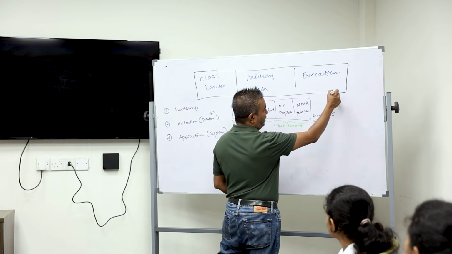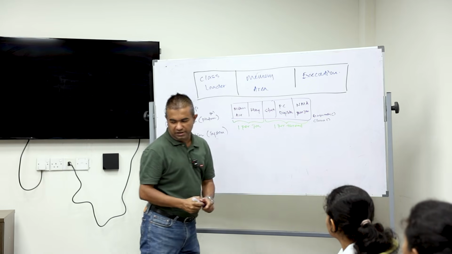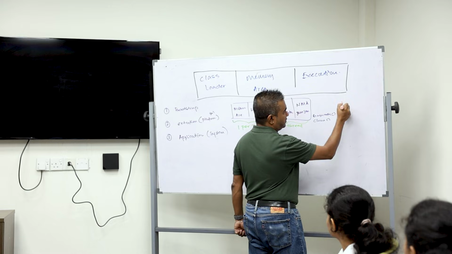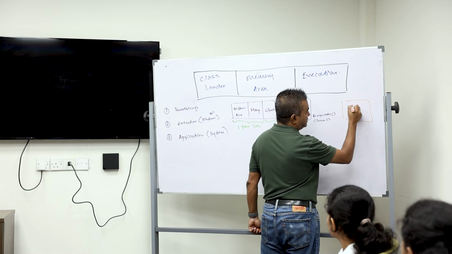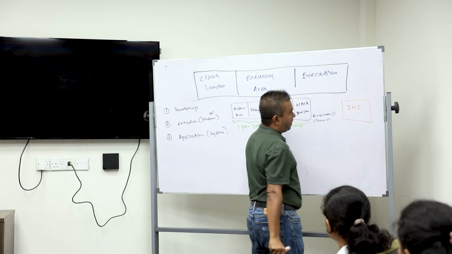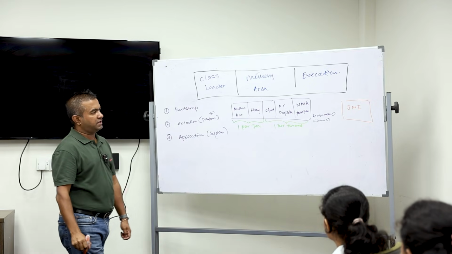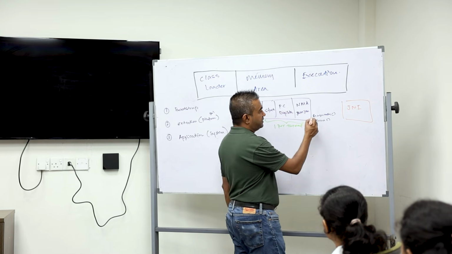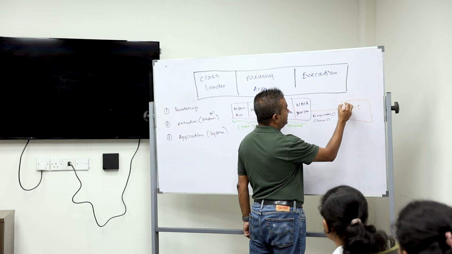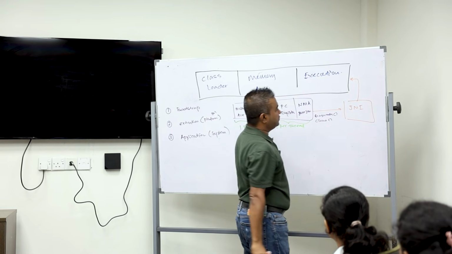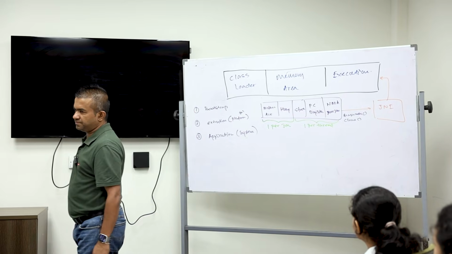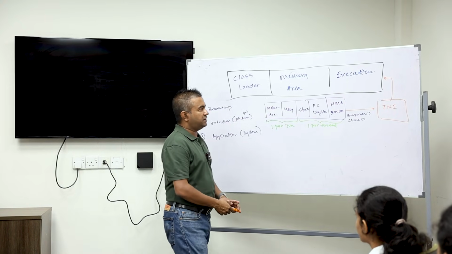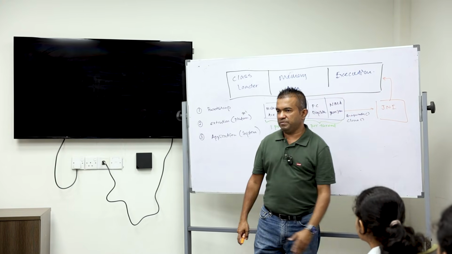And then after that, we have the execution engine. I think I missed talking about something called JNI, which is the Java Native Interface. What it does is it gives information about the native methods to the execution engine, right?